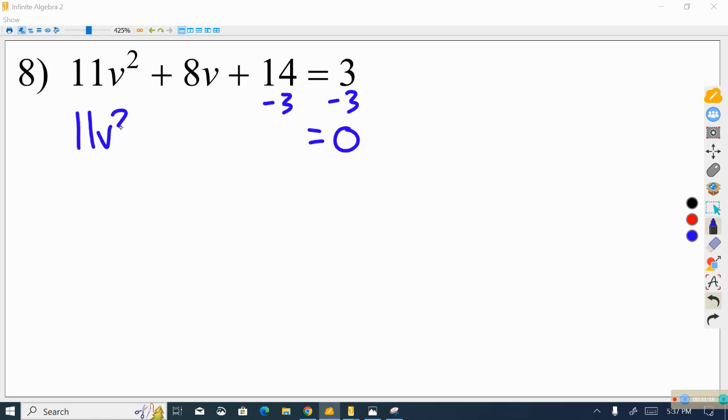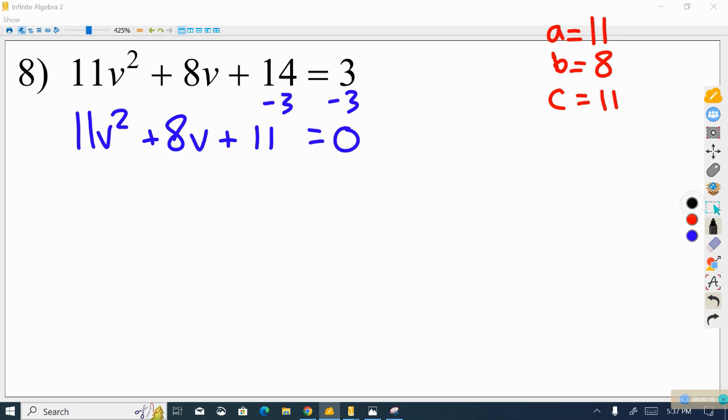Okay, so we have 11b squared plus 8b, okay, plus 11. So we can see that in this case, A is equal to 11, B is equal to 8, and C is also equal to 11. So that's a coincidence in this case, and that's what we got to use. So again, notice that we use the A, B, and C from this new equation that we created here.